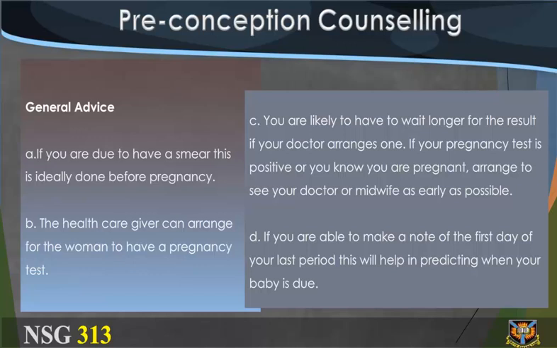If your pregnancy test is positive or you know you are pregnant, arrange to see your doctor or midwife as early as possible. D. If you are able to make a note of the first day of your last period, this will help in predicting when your baby is due.